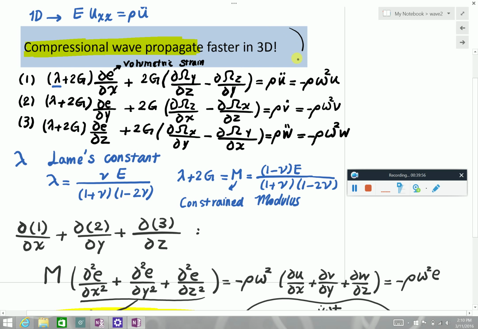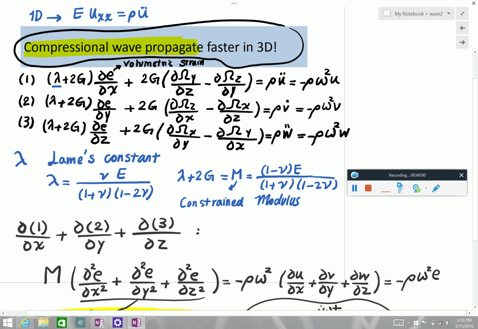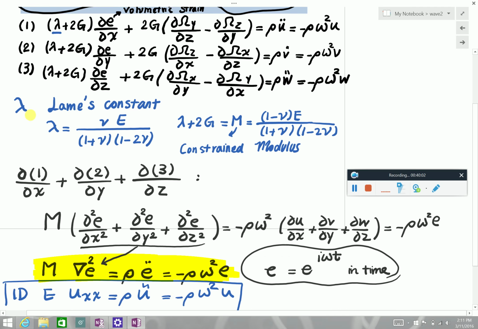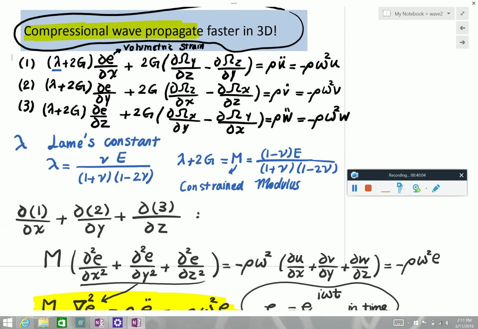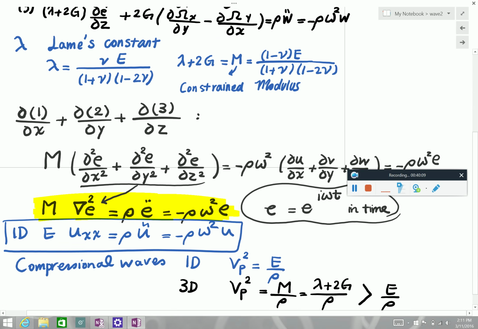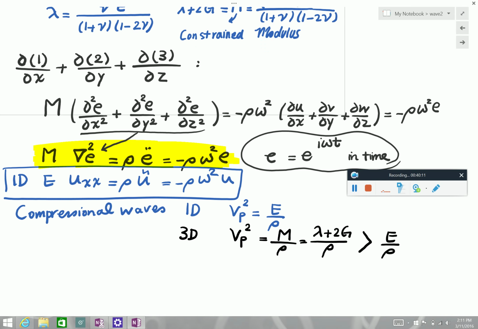So in other words, compressional waves propagate faster in 3D. If you look at 1D or 3D in the same material, you'll get different velocities of propagation. This is an important fact to remember.